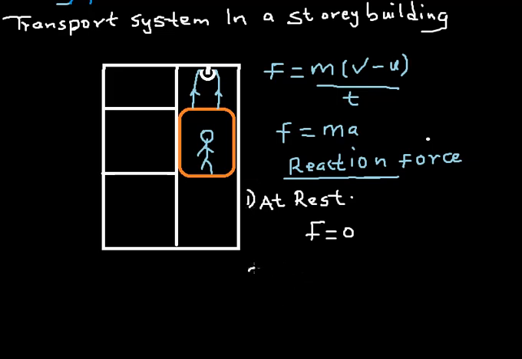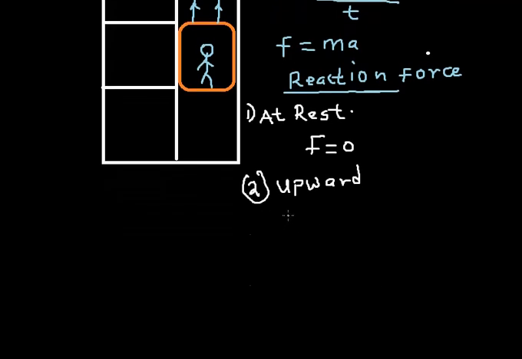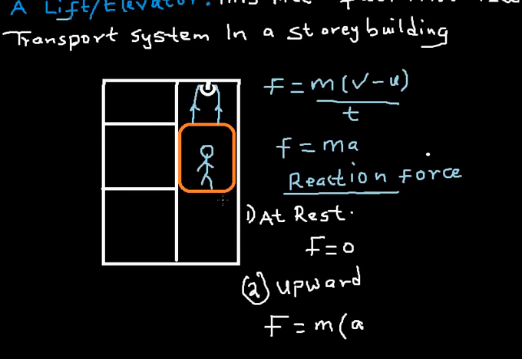Now, if the elevator is moving upward, then the reaction force on the elevator is going to be equal to mass times the acceleration of the elevator, because as the elevator moves upward, the engine needs to accelerate in order to pull on the cable.